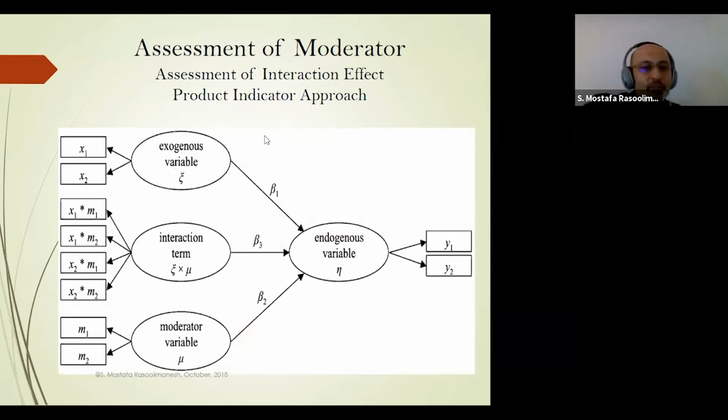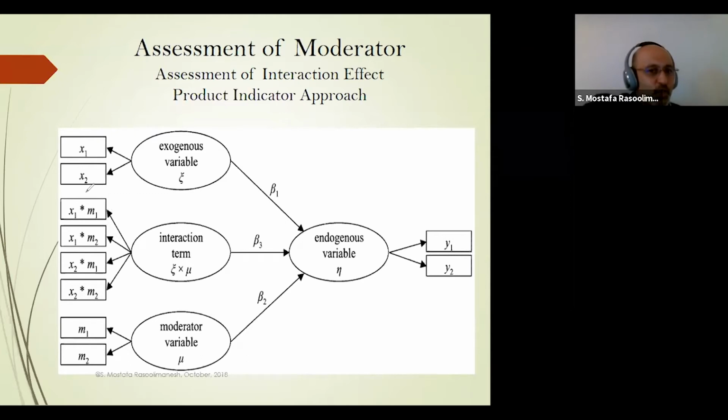First is the product indicator approach. For example, if the moderator is a variable with 2 items, and you have an independent or exogenous variable with 2 items, the interaction effect will be a new variable with 4 items: x1 multiply m1, x1 multiply m2, x2 multiply m1, and x2 multiply m2.